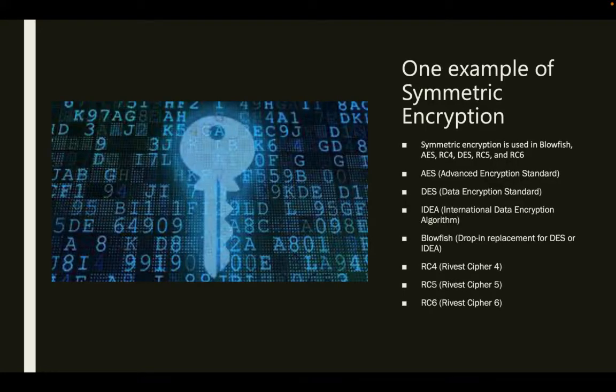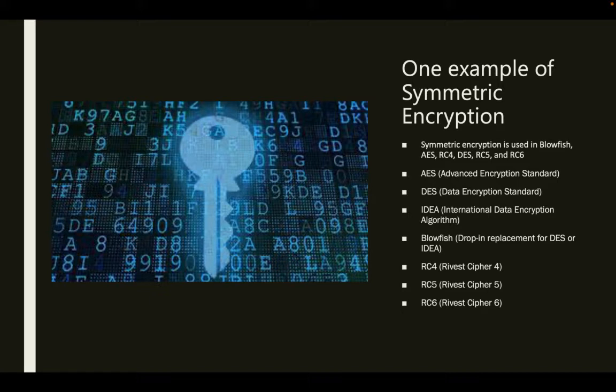One example of symmetric encryption is that symmetric encryption is used in Blowfish, AES, RC4, DES, RC5, and RC6 as examples. The symmetric algorithms AES 128, AES 192, and AES 256 are the most often utilized.